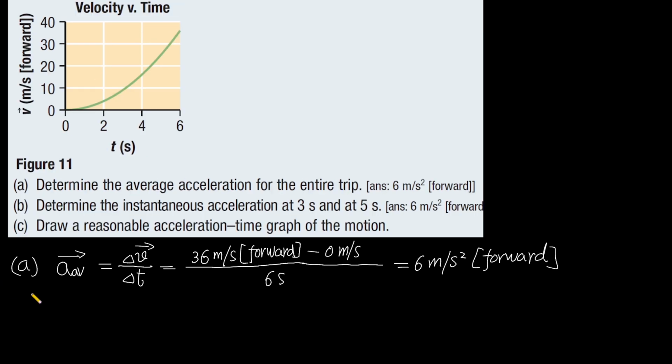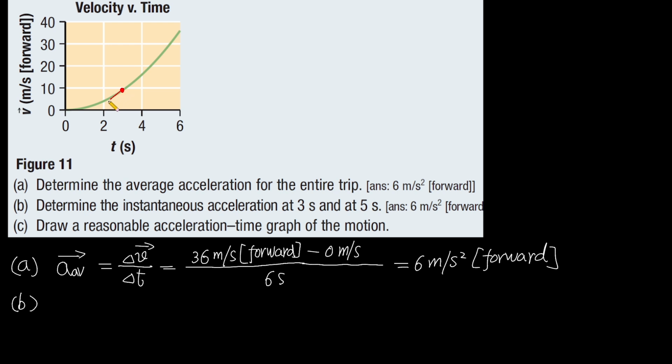Then B. The instantaneous acceleration at a time is just the slope of the velocity time graph at the time point. And here, 3 seconds is around here. And we draw the tangent line of the graph at 3 seconds.